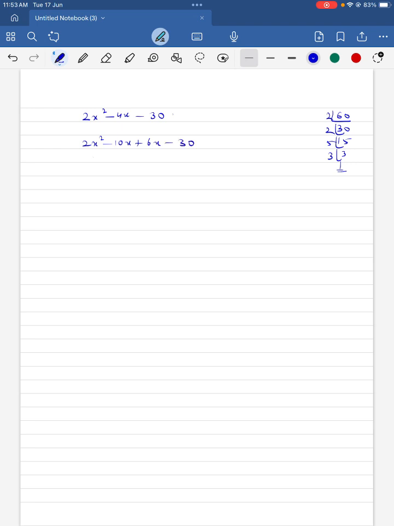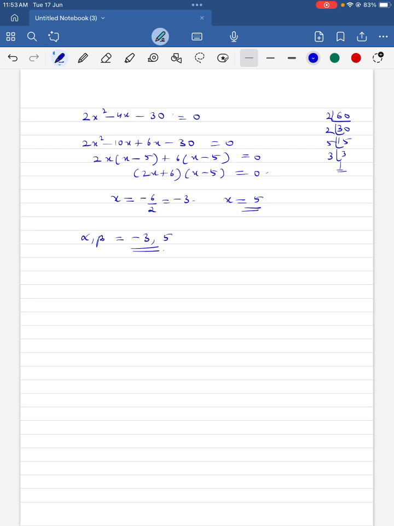So that's 2x times x minus 5 plus 6 times x minus 5, which is 2x plus 6 times x minus 5. From this, if I equate these to 0, I can find the zeros. So x is equal to minus 6 by 2, which is negative 3, and x is equal to 5. So I got the two zeros, alpha, beta, as minus 3 and 5. So we've answered the first part of the question.